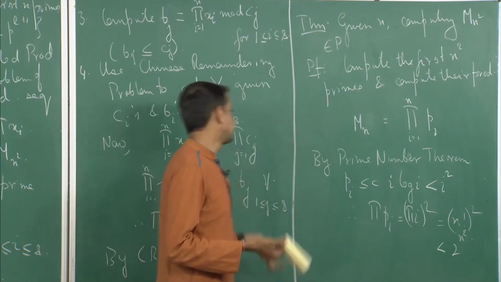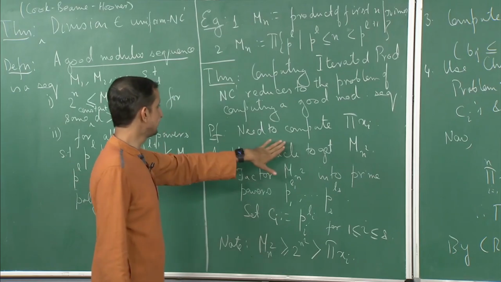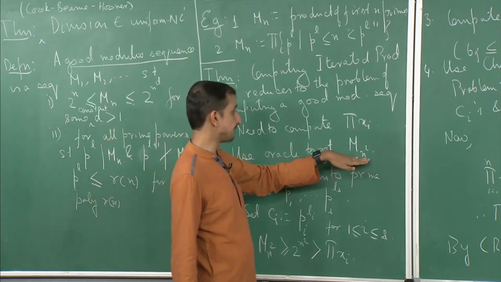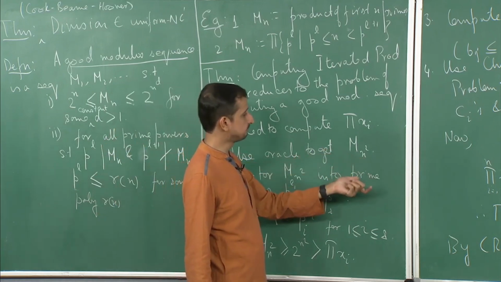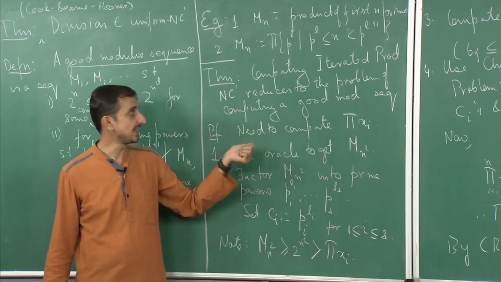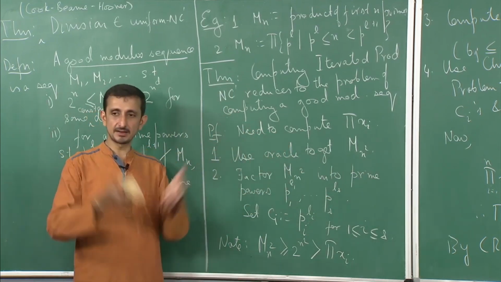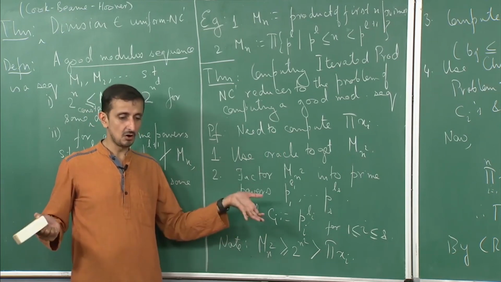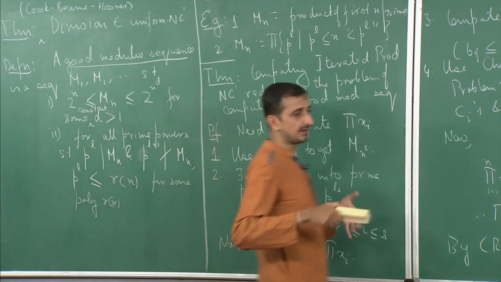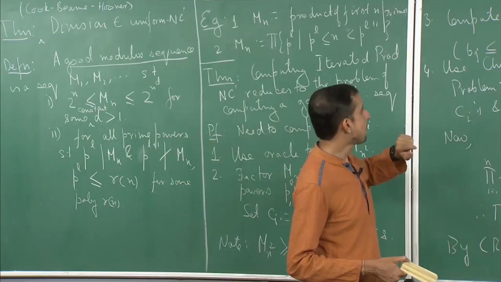That does not matter for us, because here we are using this algorithm to compute Mn square, and this is actually independent of my xi's. So I have to compute a circuit which works for all inputs of length n. So there I actually do not get log space uniformity, what I get is P uniformity.